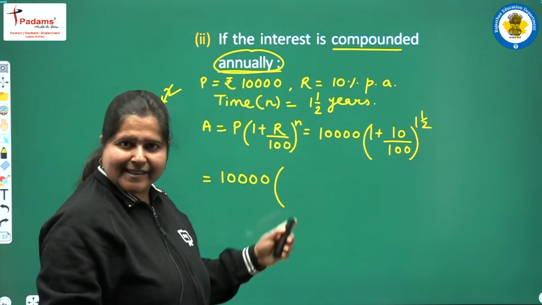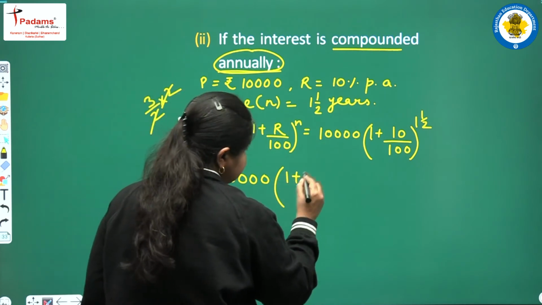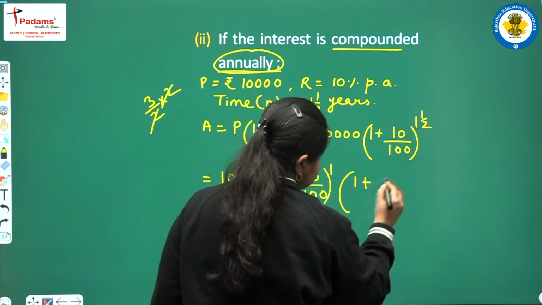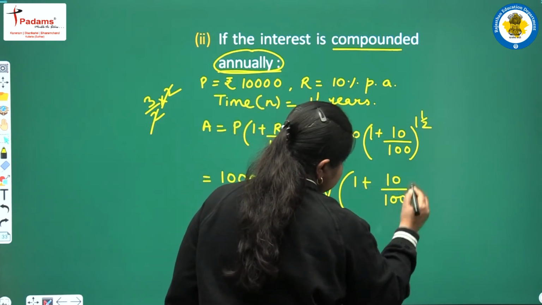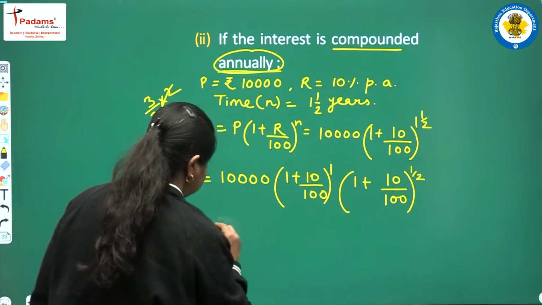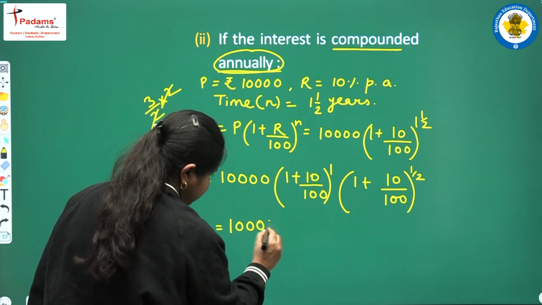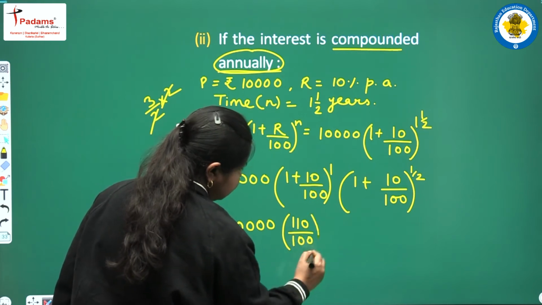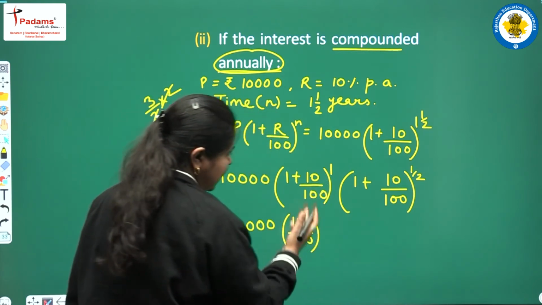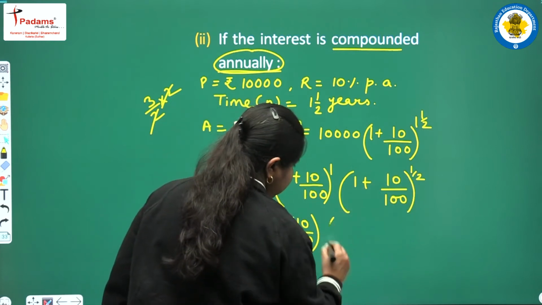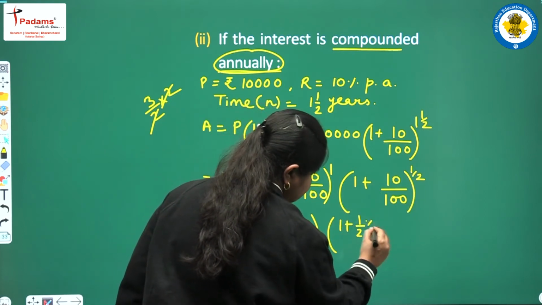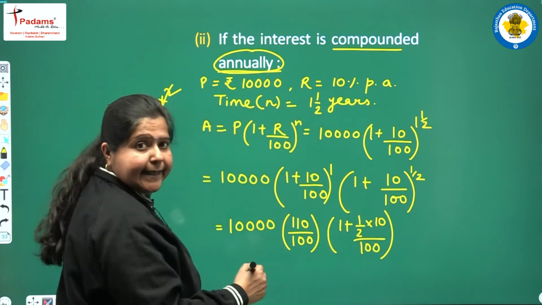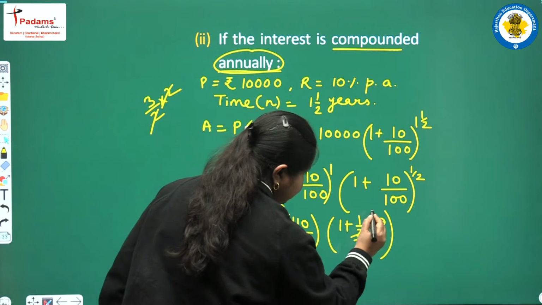और जब भी हमारा एनुअल कैलकुलेशन है तो हम इसे फ्रैक्शन में ही रहने देंगे और इस तरह से सॉल्व करेंगे। 1 + 10/100 पावर 1 को सेपरेट कर देंगे और 1 + 10/100 पावर हाफ को सेपरेट कर देंगे। This will be 10,000 and here we will have 110/100 power 1 है तो लिखने की ज़रूरत नहीं है, एक ही बार आएगा। यहाँ पर ये जो हाफ है ये रेट से मल्टीप्लाई हो जाएगा अपॉन 100 और पावर अंदर चली गई तो बाहर लिखने की ज़रूरत नहीं है। 2 5s are 10.